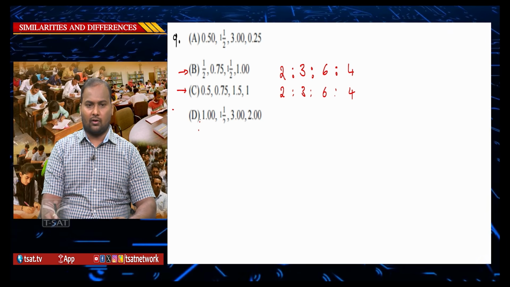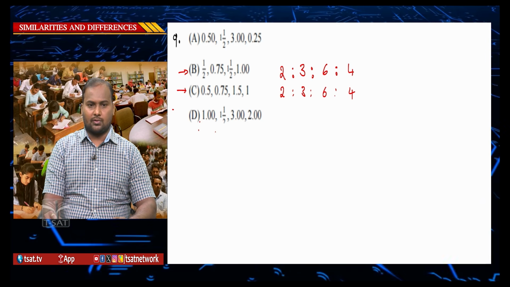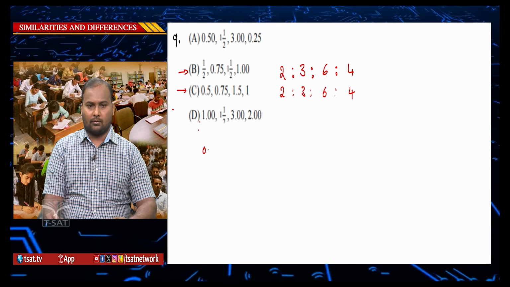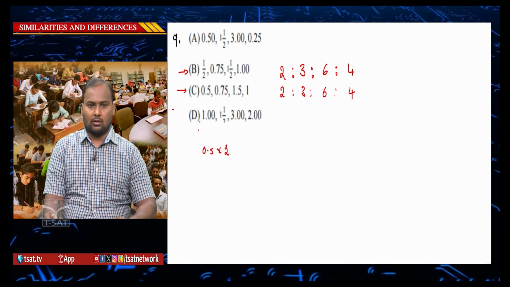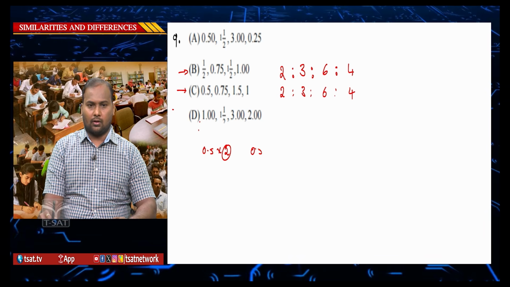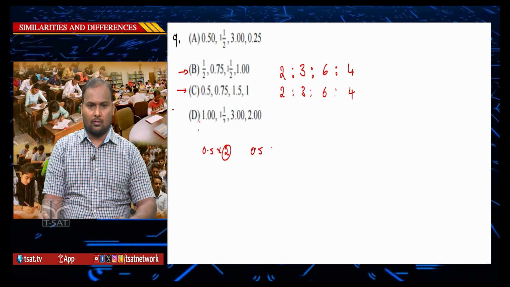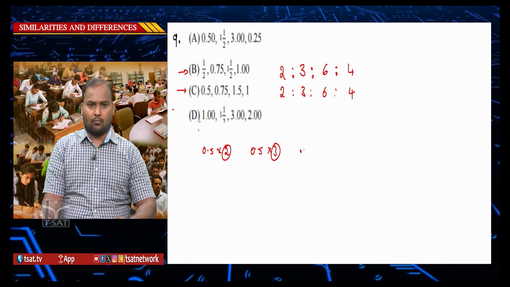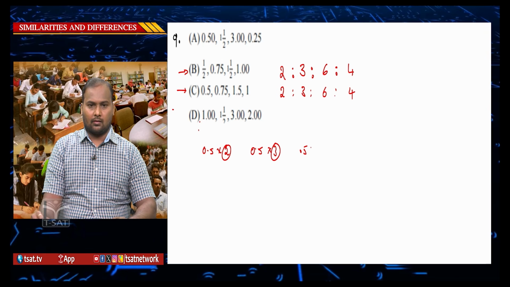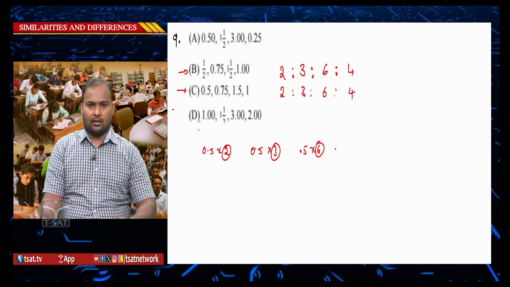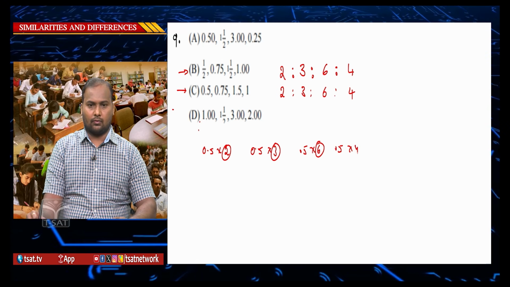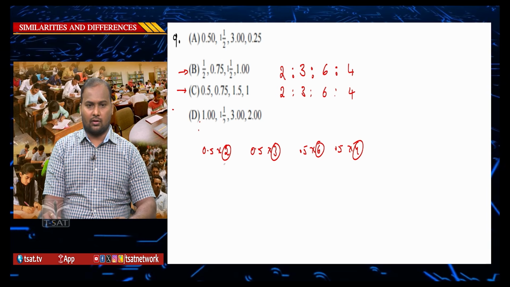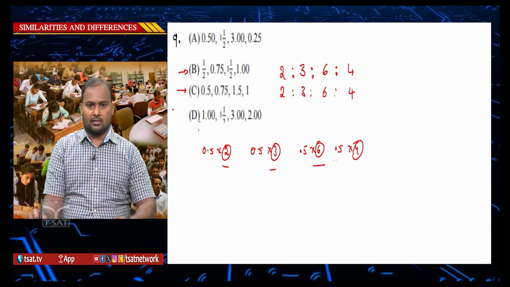Now, try to apply it for option D. In option D, 0.5 into 2, similarly 0.5 into 3, similarly 0.5 into 6, similarly 0.5 into 4. So everything is following the ratio of 2, 3, 6, 4.